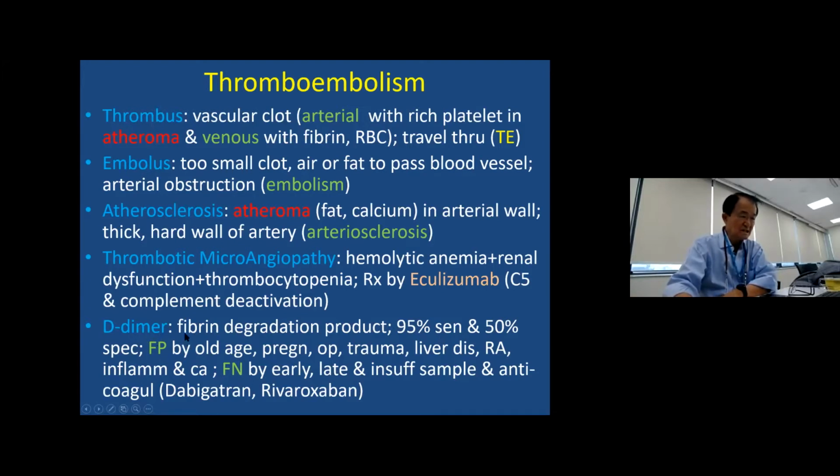So when this is abnormally high, that's useful, but you can't tell what the cause is. It is falsely positively increased by just old age and pregnancy, any vascular trauma, operation, and also chronic liver disease, rheumatoid arthritis, any kind of inflammation, and cancers. Therefore, it's very non-specific.